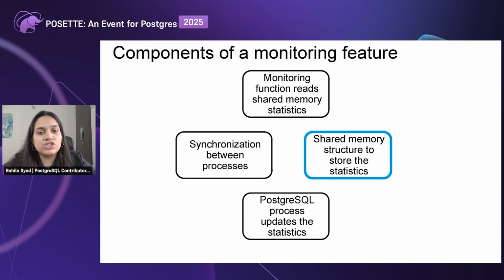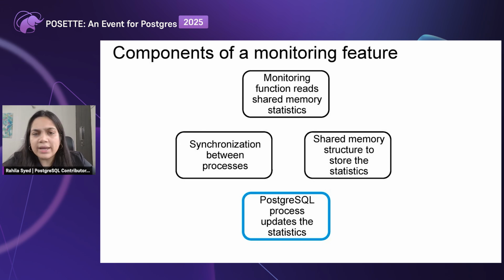The next component is a shared memory structure to store the statistics. This can be either main shared memory, which is fixed size, or dynamic shared memory, which can be variable size. The third component here would be a Postgres process, which updates the statistics counters.